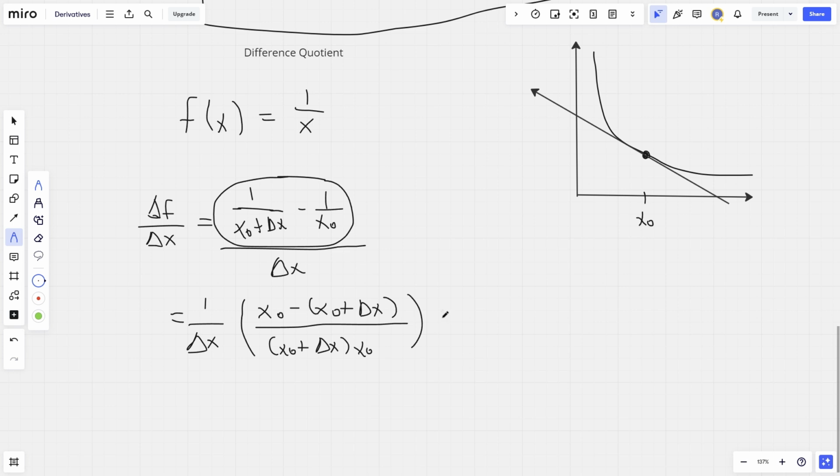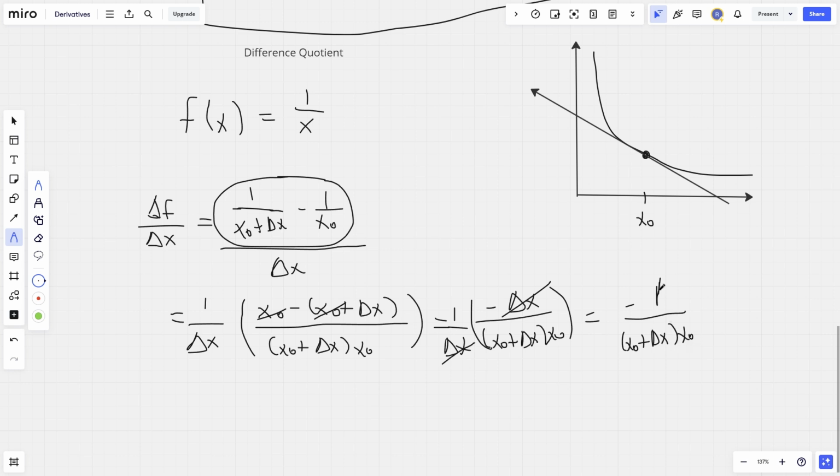And what happens here is this cancels out, so we're left with negative delta x over x0 plus delta x times x0. Remember, this is 1 over delta x from before, so the delta x cancels out. So we're left with negative 1 over x0 plus delta x times x0, right?